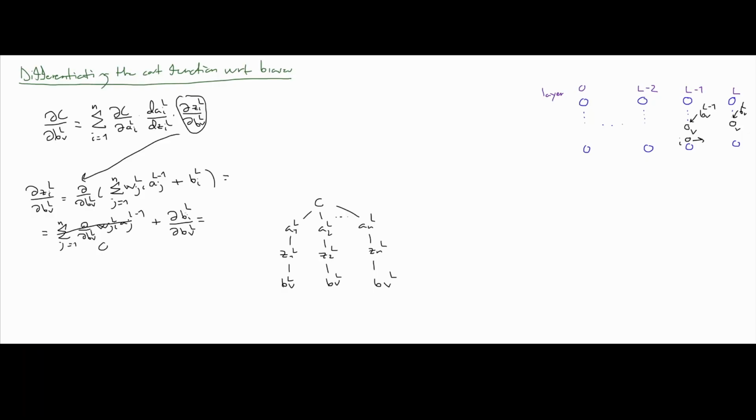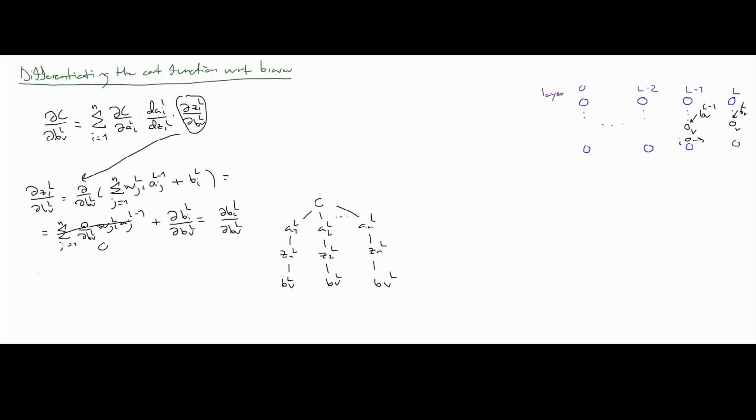And we're left with the partial derivative of the bias in some neuron i with respect to the bias in neuron v. And following the same line of reasoning, this partial derivative becomes 0 when i is not equal to v, as you're differentiating two separate network parameters. And it becomes 1 when i is equal to v, because you get the same two infinitesimal quantities in the numerator and the denominator.